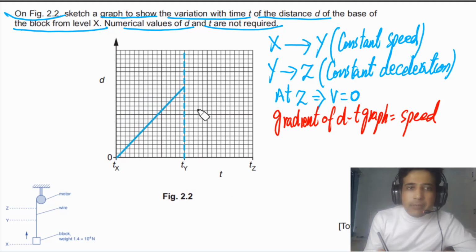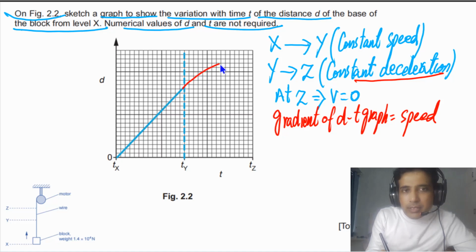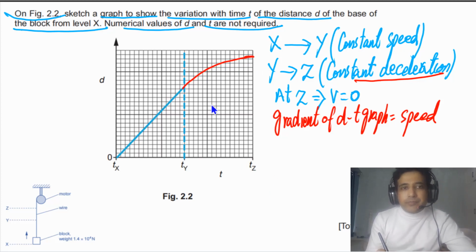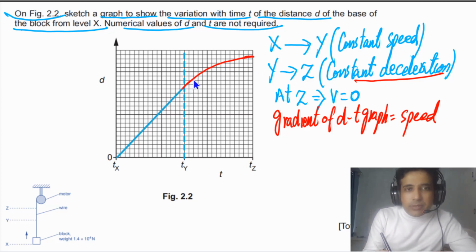And between y and z, the block has constant deceleration. It means the speed of the block is decreasing, so the gradient of the graph has to decrease. So you can draw like this with decreasing gradient. And finally at z, this has to be horizontal because the block stops. So this part has to be horizontal at z. This is how you can draw the graph. If you sketch like this, you will get the marks for this graph.